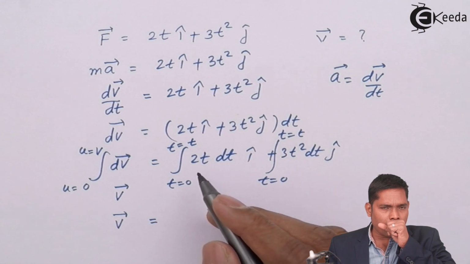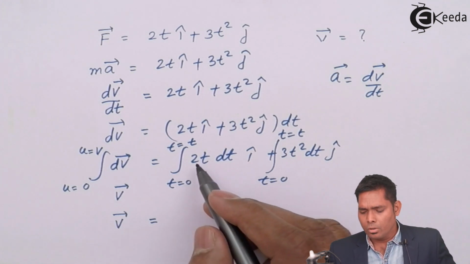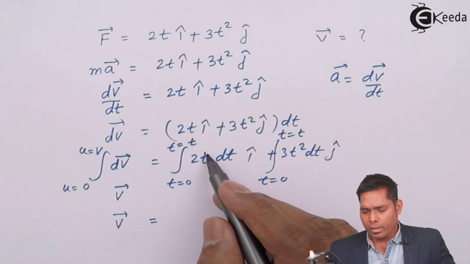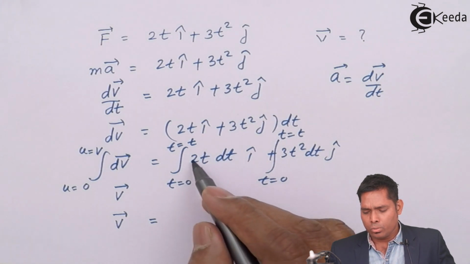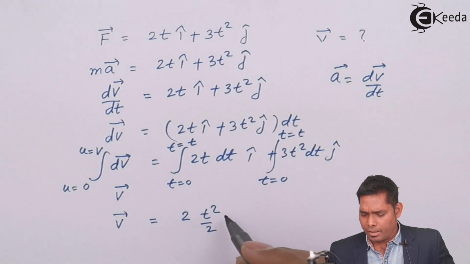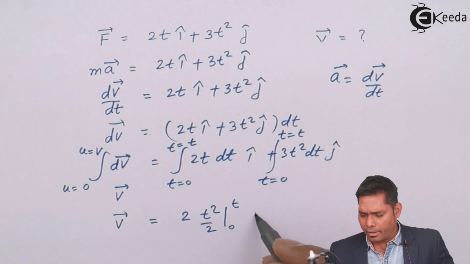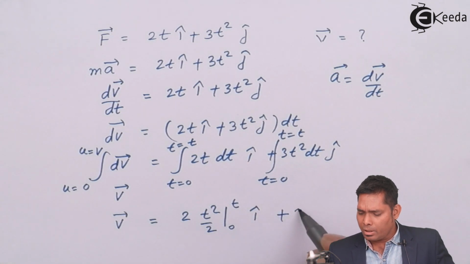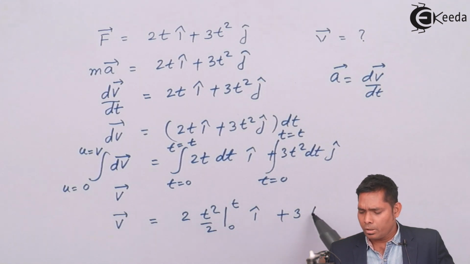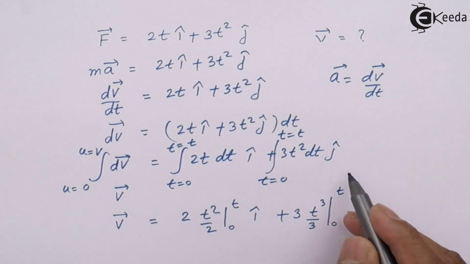So 2t dt, 2 will come out, and this will become t square by 2, and that 2 will cancel, so I'll write t square by 2 i cap, and this varies from 0 to t. Plus 3 comes out, this is t square dt, integration will be t raised to the power 3 divided by 3, this varies from 0 to t, and j cap is there.